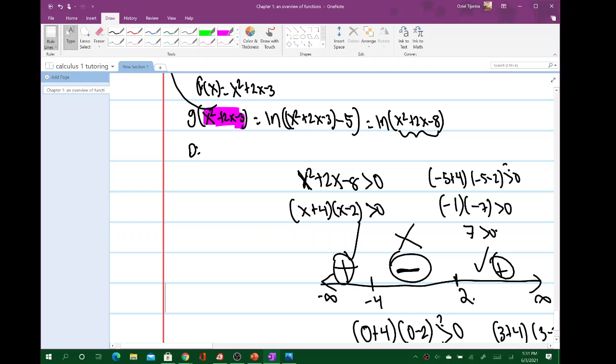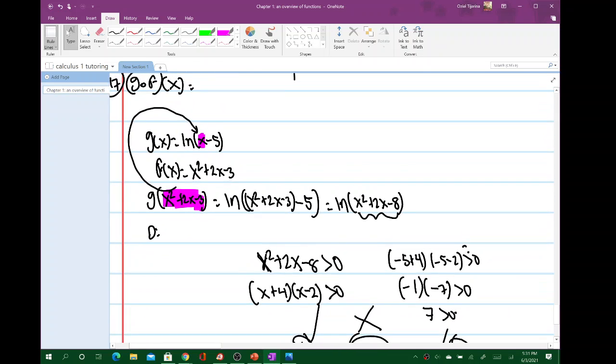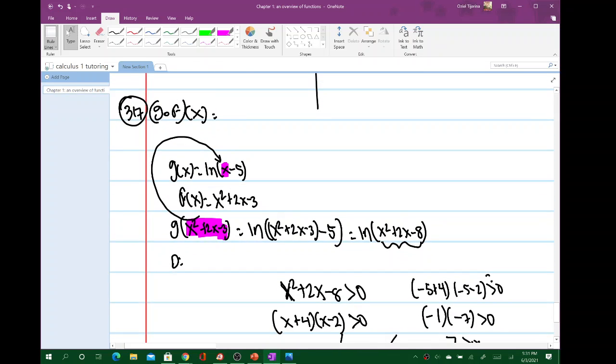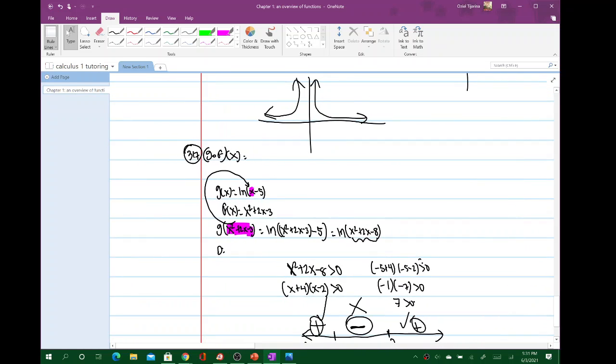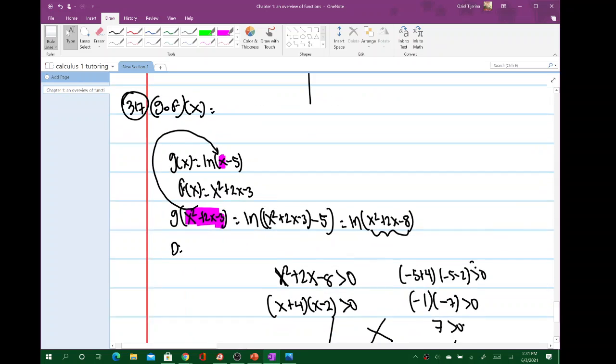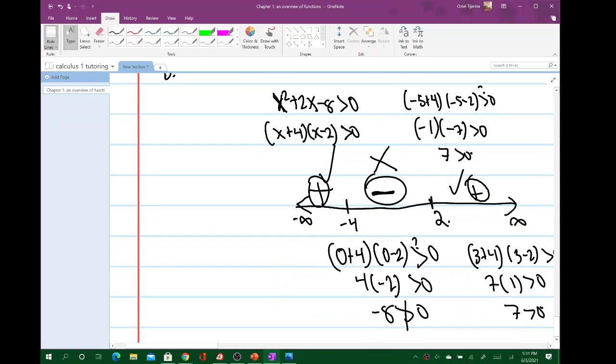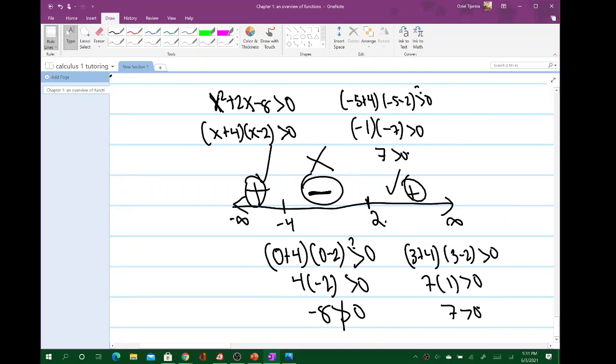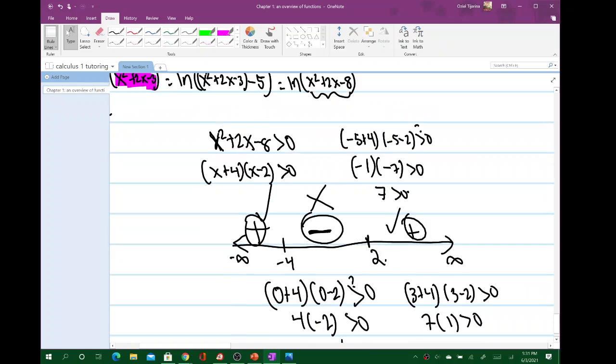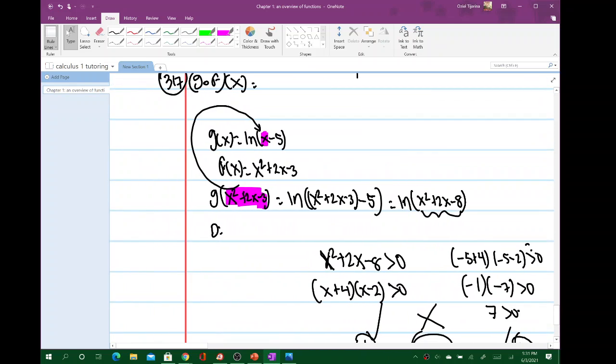I would use a graphing utility to do this, only because in reality, we don't know. I mean, you can sketch the function, but because we have this part going on, and it's also in terms of natural log, it's a little bit complicated to do it by hand.